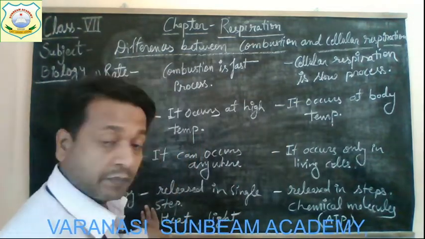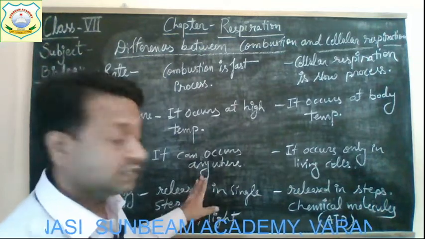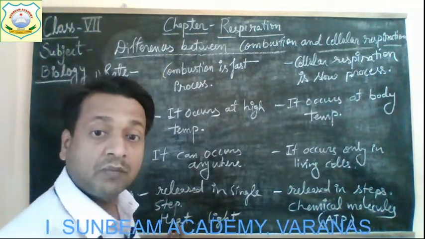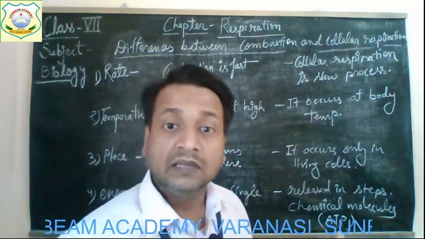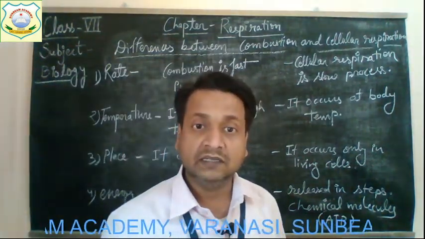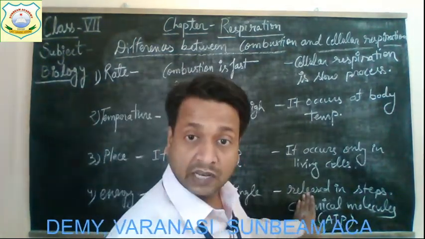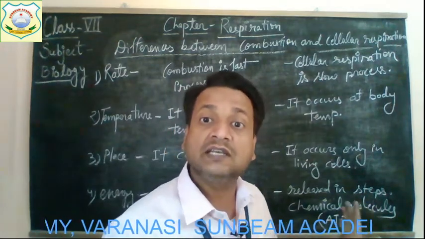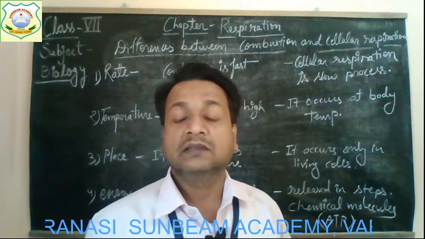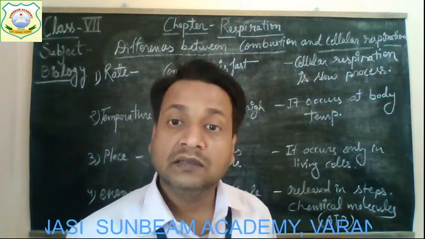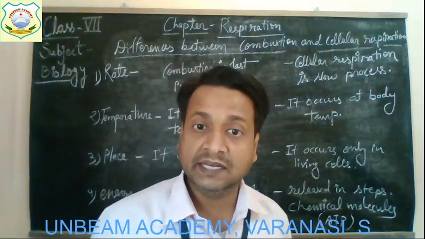And in the combustion process, the energy is released in a single step, in the form of heat and light. So we can say that heat energy and light energy are produced in combustion, whereas in cellular respiration the energy is released in steps, meaning more than one step, and is stored in chemical molecules, not as heat or light energy.